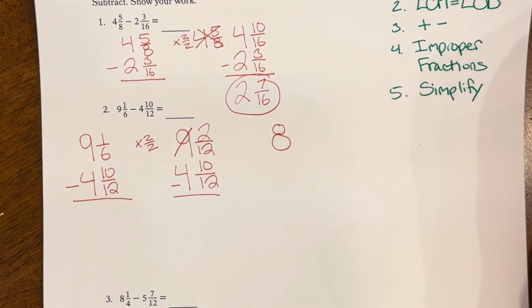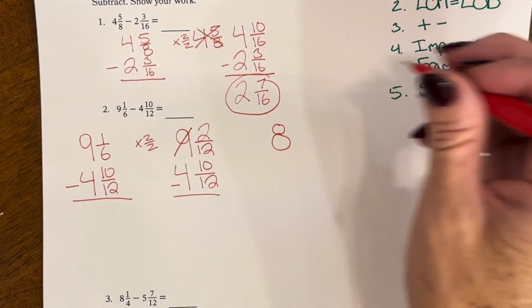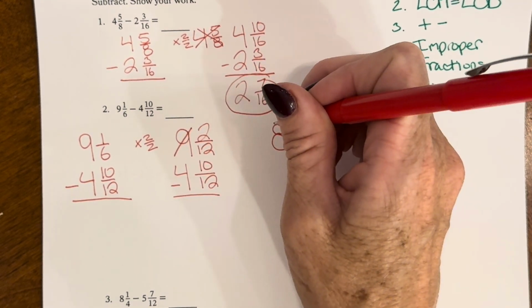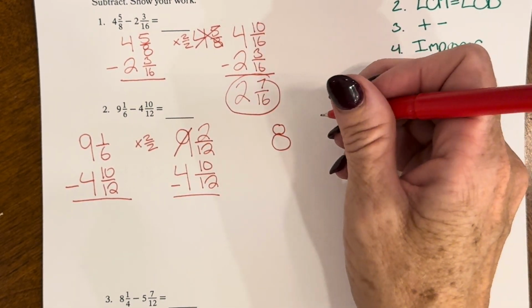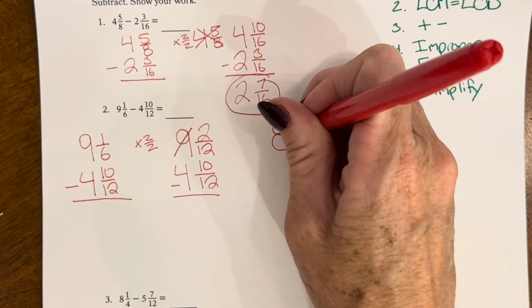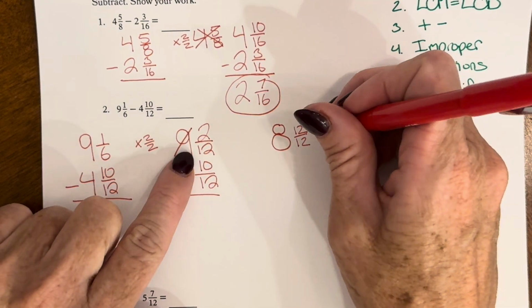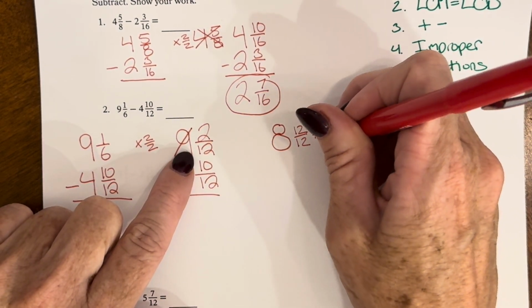What I did with that one whole that I took away is I cut it up into pieces, but I still have all of them. I cut it up into 12 pieces, but I already had 2 pieces.